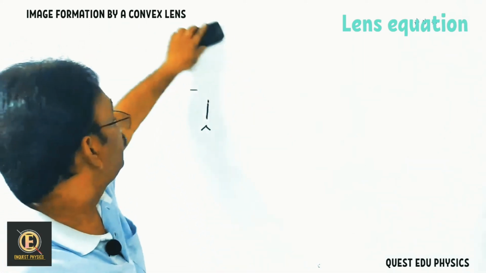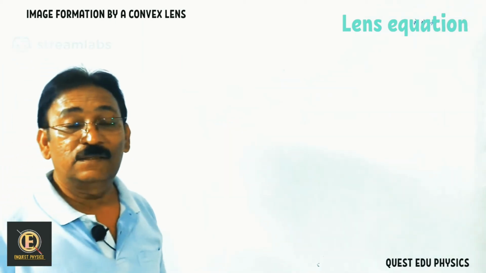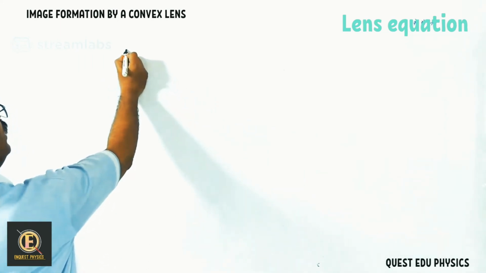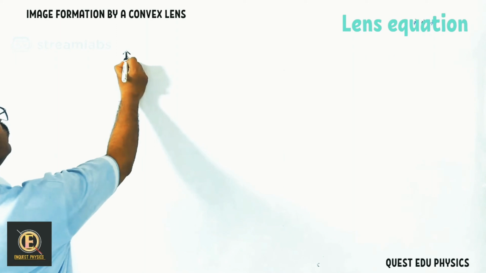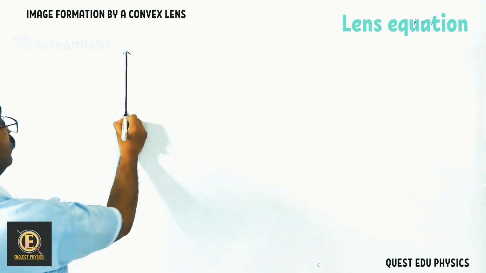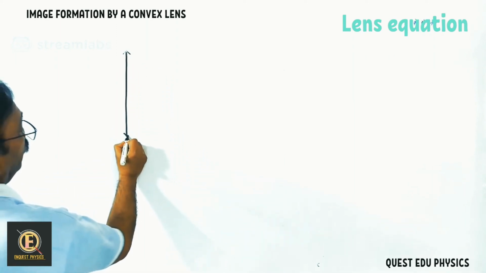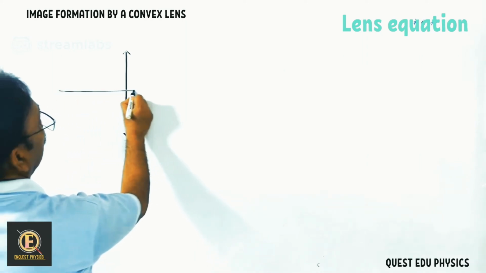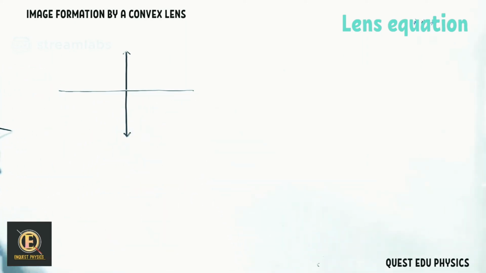Now, students, we are going to draw the images which are formed by a convex lens. Here I am taking a thin convex lens. Let's take a thin convex lens, students, and say it has the principal axis.